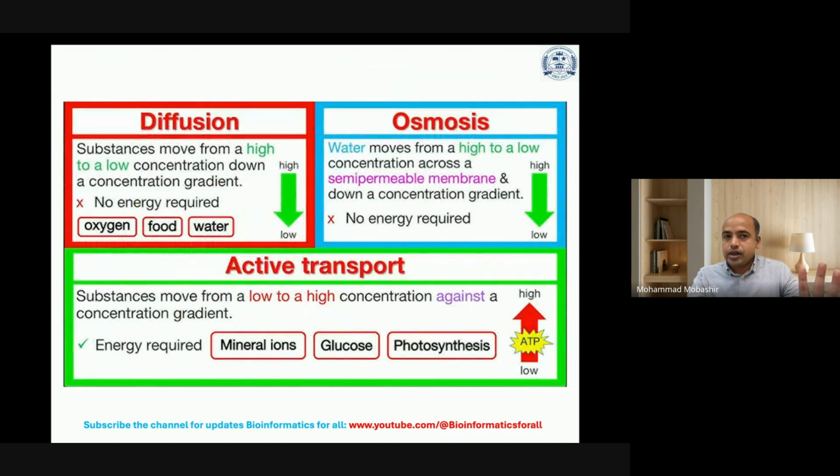Now I'm going to again discuss a few things: diffusion, osmosis, active and passive transport. Substances move from high to low concentration, that is diffusion, and no energy is required. In osmosis, water moves from high to low concentration across a semi-permeable membrane, down a concentration gradient.